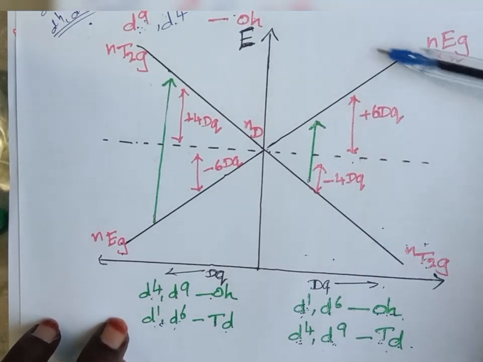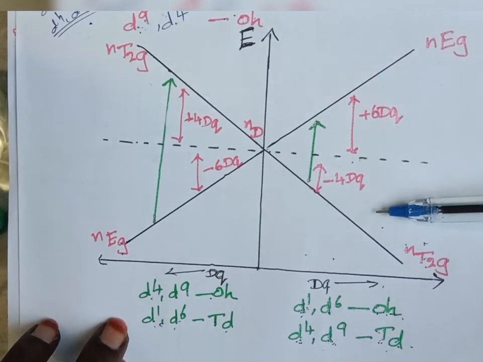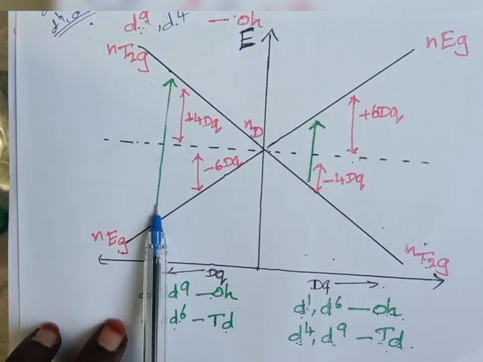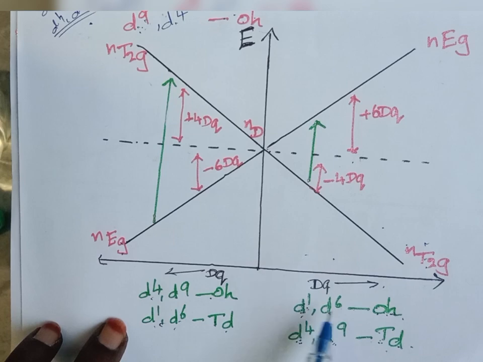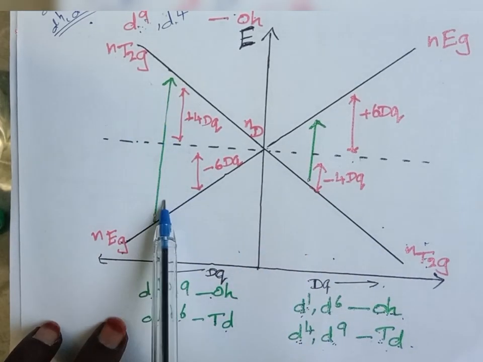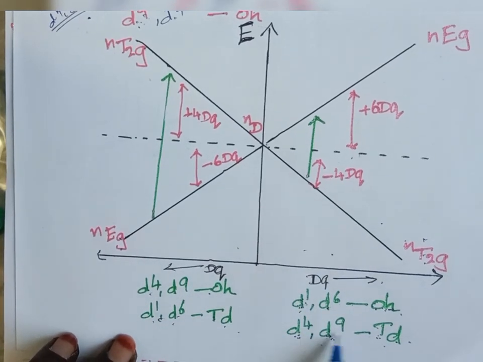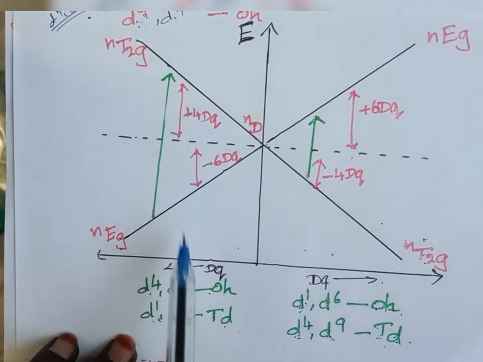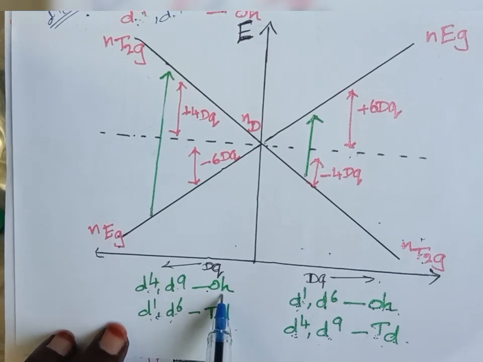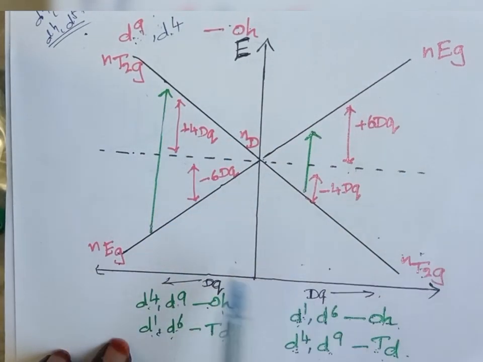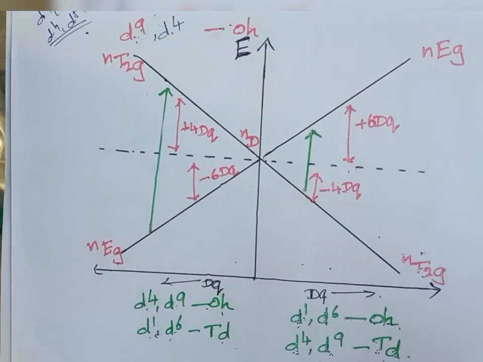Its reverse splitting diagram applies to d1, d6 tetrahedral, and also to d4, d9 octahedral. By remembering this diagram, we can write the transitions for the four configurations.